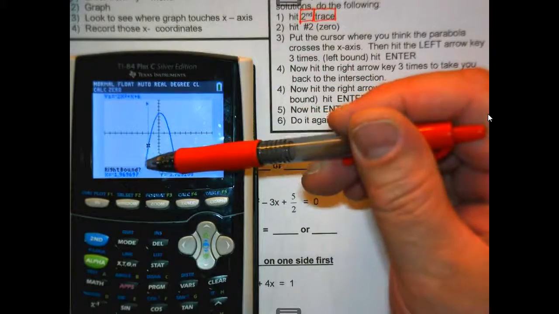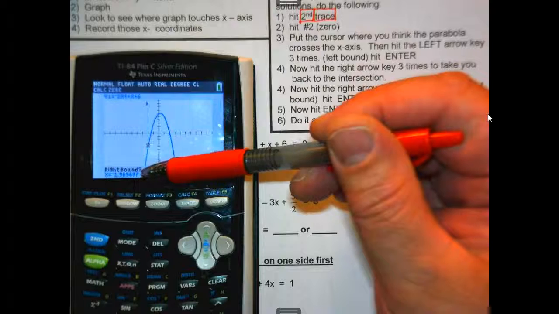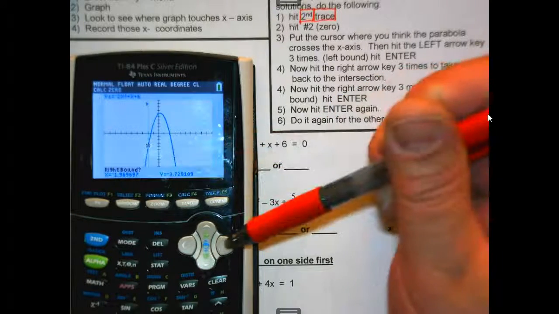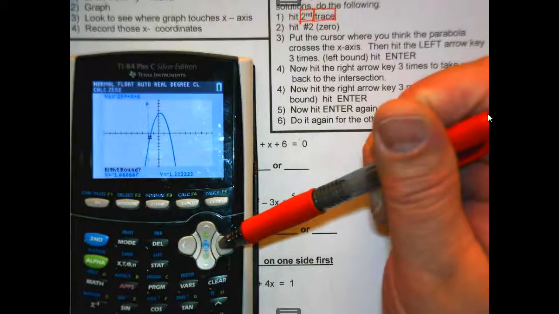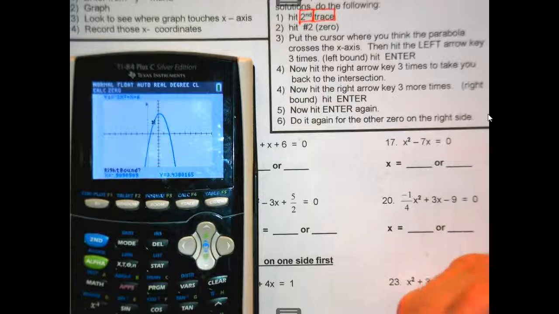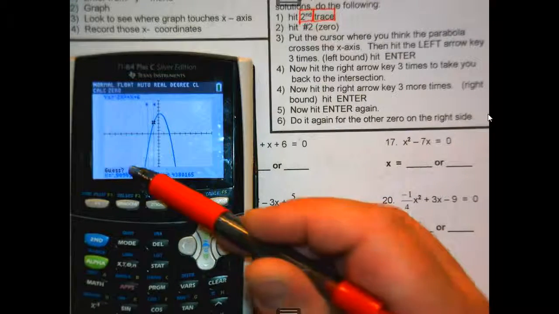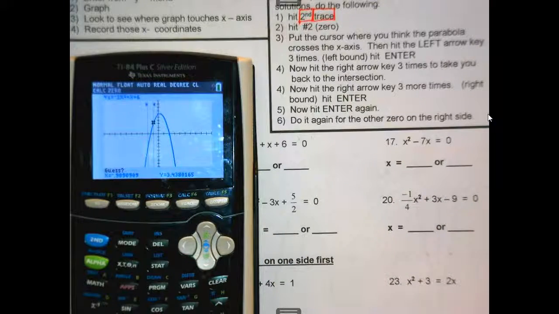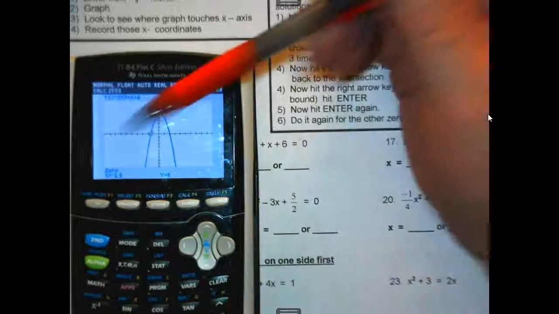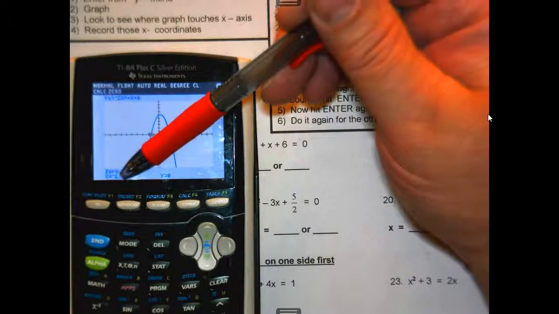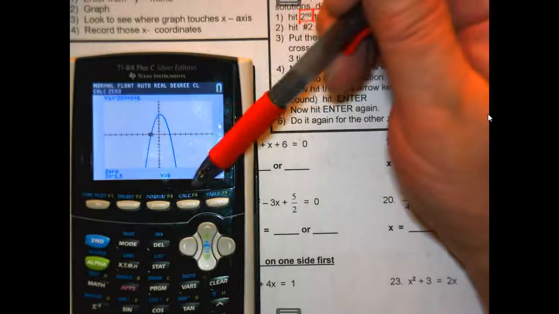Then it's asking me, are you to the right of this intercept point? So I'm going to use my arrow keys again, bring my cursor to the right of that point, and hit enter. Then it says, do you want to guess where that intercept is? And of course I do, so I'm going to hit enter again. And it's telling me that point is at -1.5, 0.